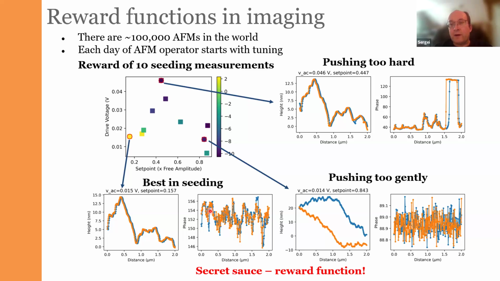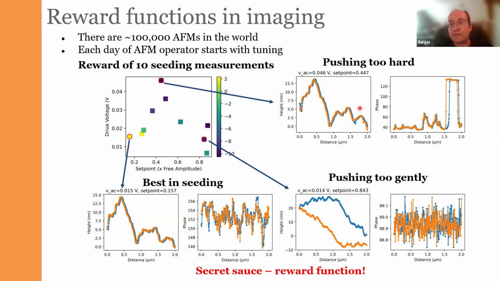The difficult part here is to define the reward function that somehow can represent this behavior of the curves in a way that allows us to create a single parameter that we want to optimize. That part is actually very difficult because the quality of scanning would be different depending on what type of sample we are looking at, right?